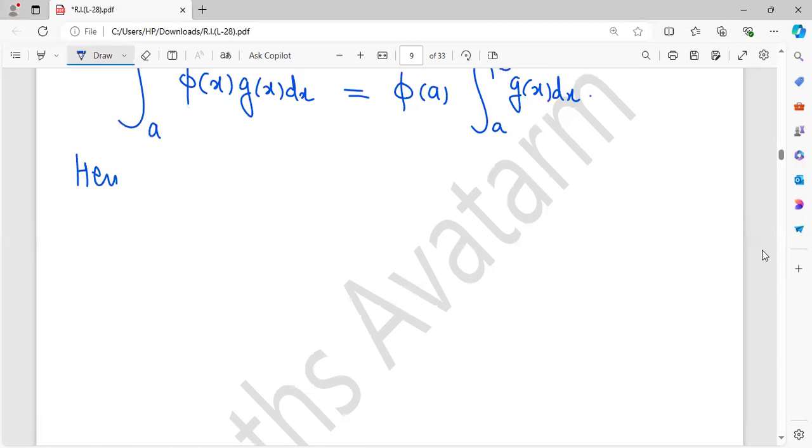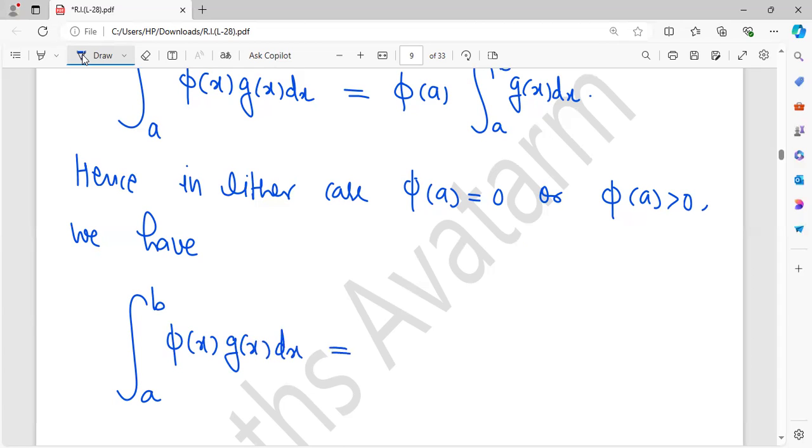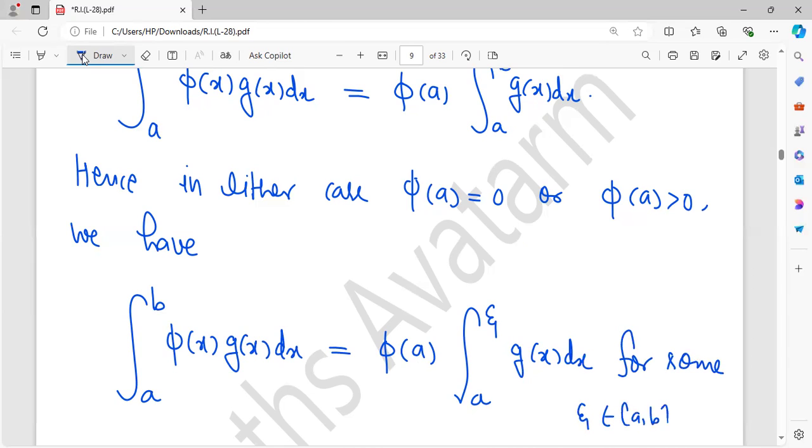Hence, in either case, phi(a) is equal to 0 or phi(a) greater than 0, we have the integral from a to b of phi(x) g(x) dx equal to phi(a) times the integral from a to xi of g(x) dx, for some xi belonging to the closed interval. So the theorem is proved.